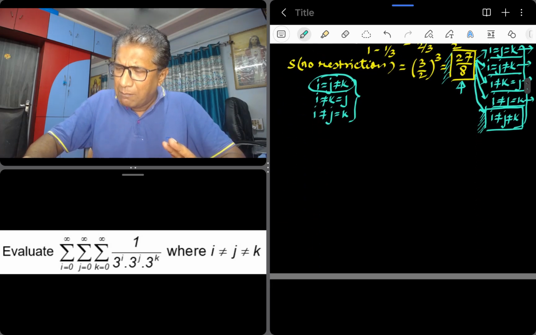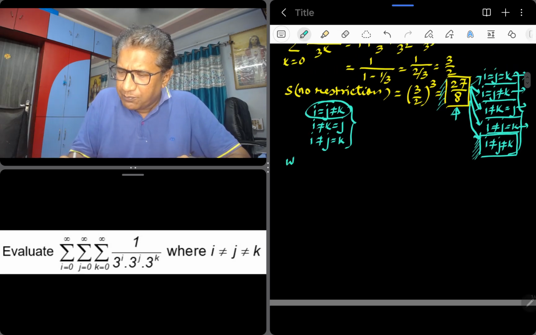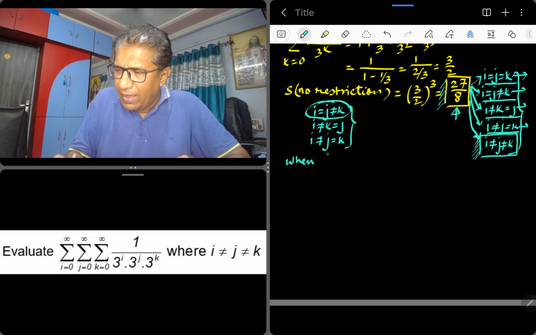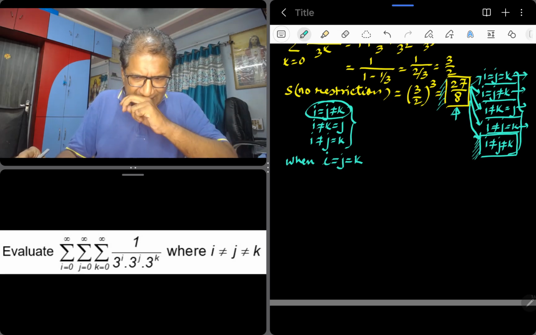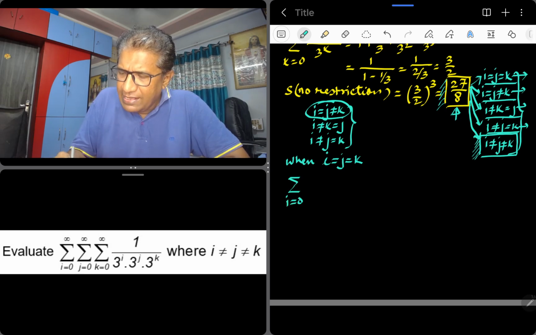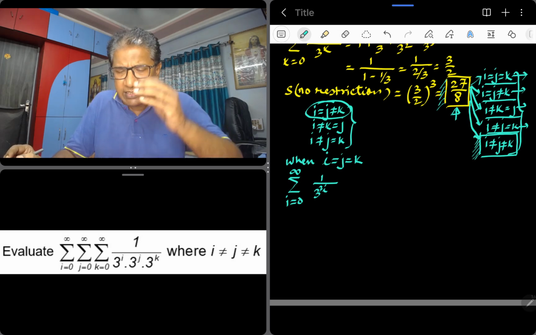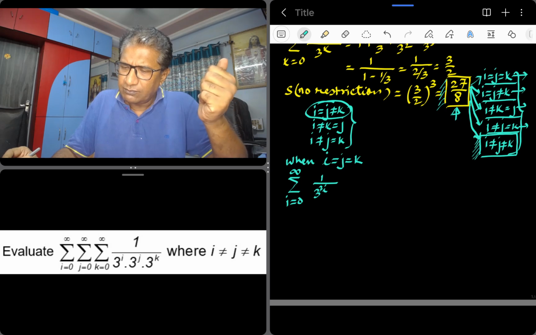क्या क्या? नंबर 1, I will consider when I is equals to J is equals to K. This is case 1. So in this case, the given sigma will become sigma I is equals to 0 to infinity 1 by 3 to the power 3i, right? Because it is 3 to the power I into 3 to the power j into 3 to the power k.